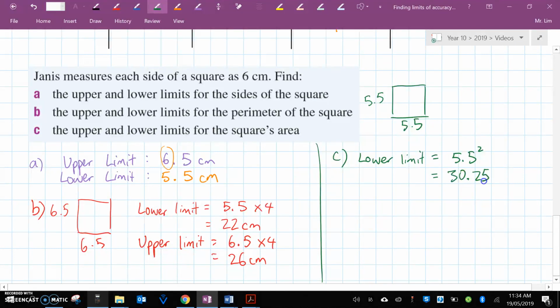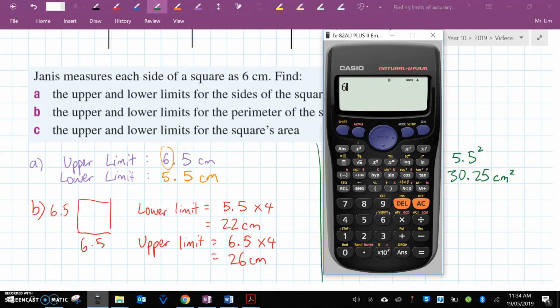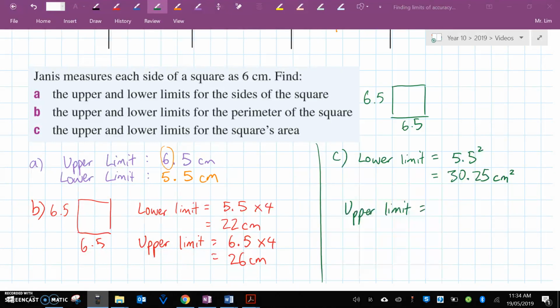That's the smallest the area of the square would probably be. The upper limit of the area would be, well, what if it was 6.5 by 6.5? 42.25. Okay, that's the largest the area of the square would be. And that's it for this video.